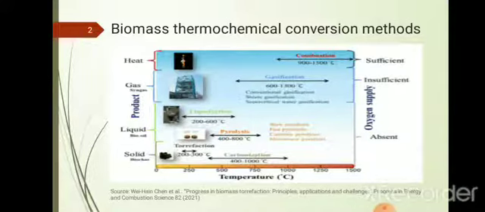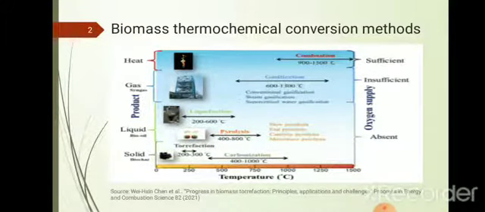On the x-axis we have temperature, on the right side of the y-axis we have the oxygen supply, and on the left side we have the different products from each process. You can see combustion occurs at a high temperature in the range of 900 to 1500 degrees Celsius, and its main product is heat, and we supply oxygen greater than or equal to the stoichiometric ratio.